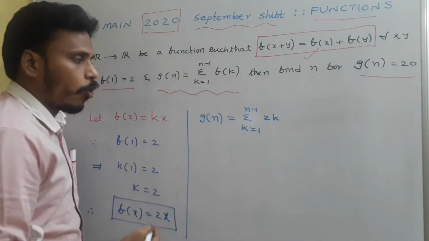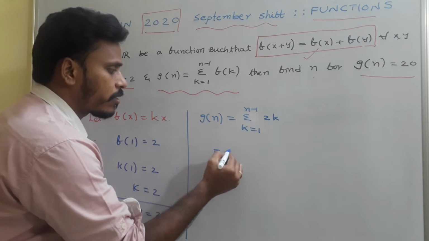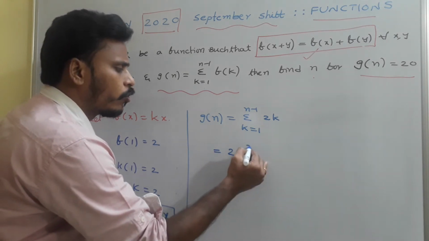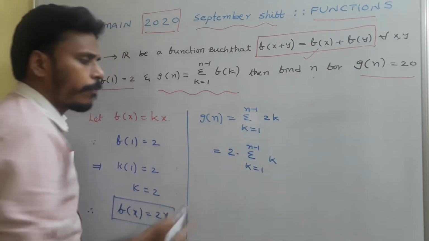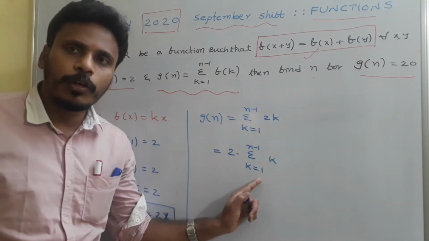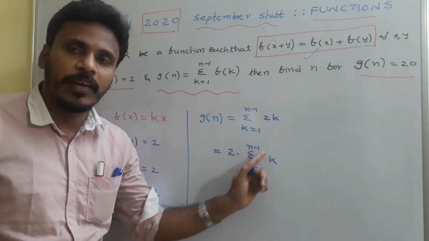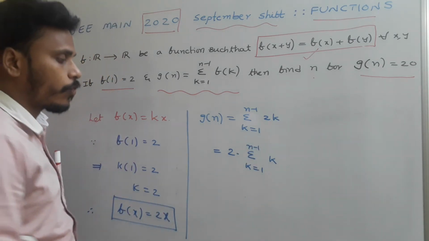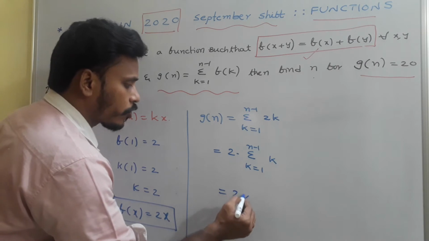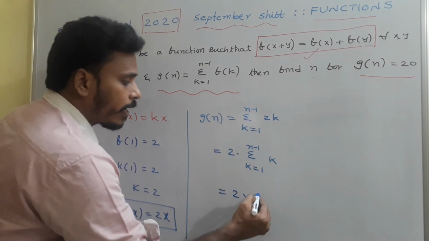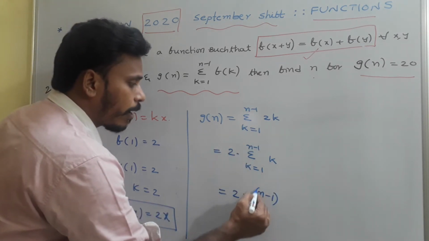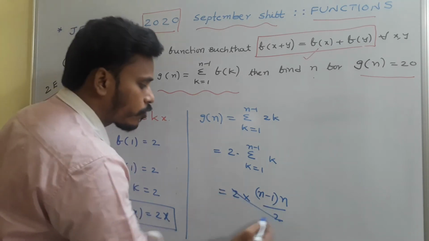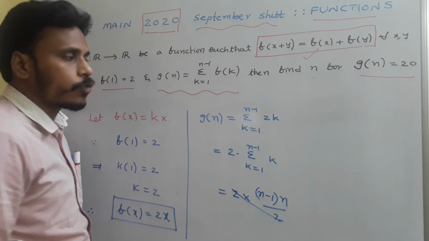The 2 comes out of the sum. This equals 2 into sigma k running from 1 to n minus 1 of k. We replace k with 1, 2, 3 and so on, which is nothing but the sum of the first n minus 1 natural numbers. So this is 2 into (n minus 1) into n by 2. When you cancel the two, g(n) is simply (n minus 1) into n.